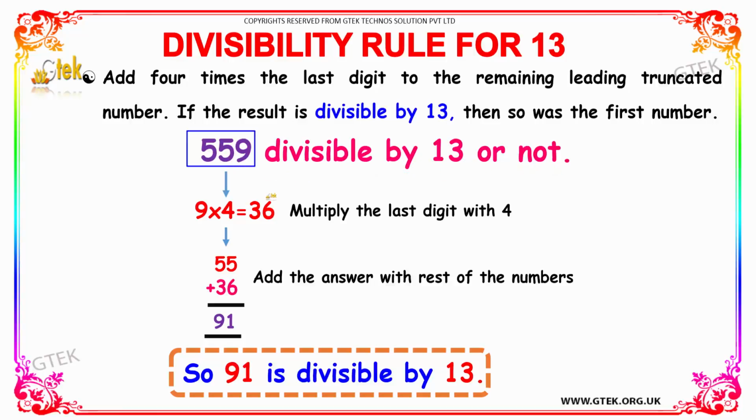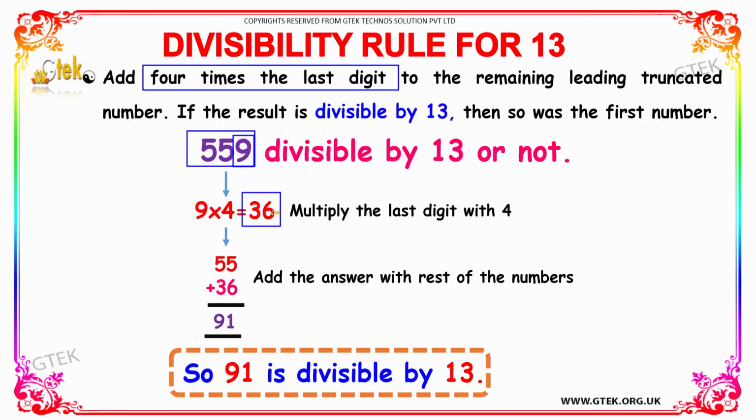Then you have to add 4 times the last digit to the leading truncated number. The last digit is 9. 4 times 9 is 36.